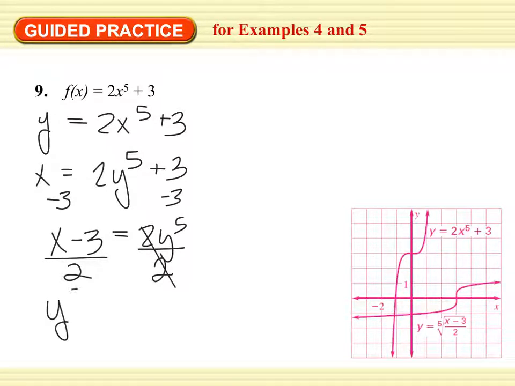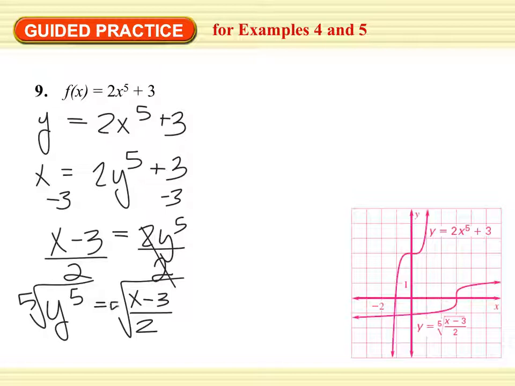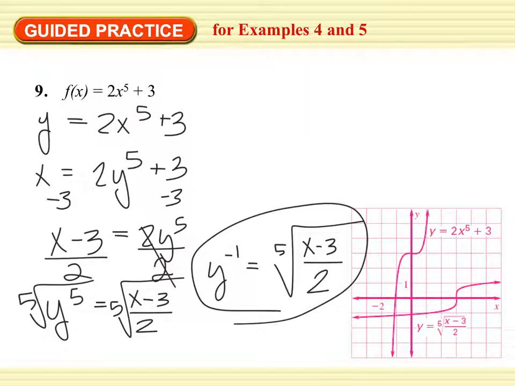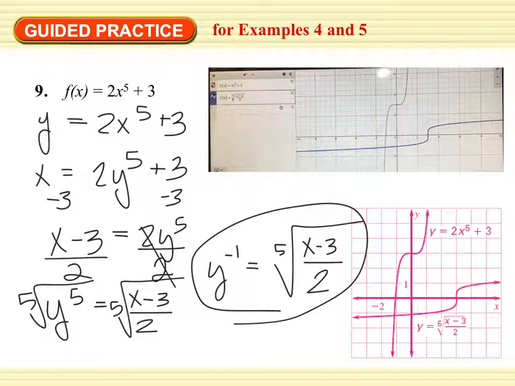I get y to the 5th equals x minus 3 over 2. Take the 5th root of both sides, and I get my inverse. Y to the -1 equals the 5th root of x minus 3 over 2. Okay, be right back. There we go. Those Desmos graphs are so pretty.